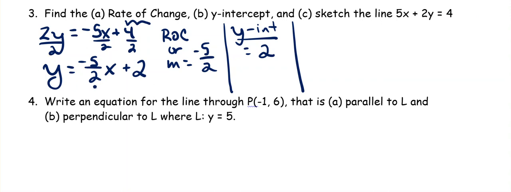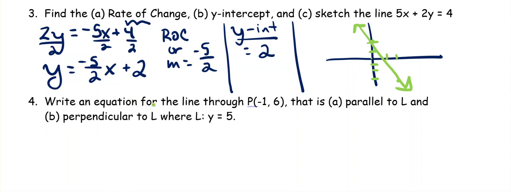So instead, I'm going to use the fact that 2 is the y-intercept, and I'm going to go up 2, and then I'm going to go down 5, 1, 2, 3, 4, 5, and right to 1, 2, here it is, and there is my line. Shazam. Simple enough.